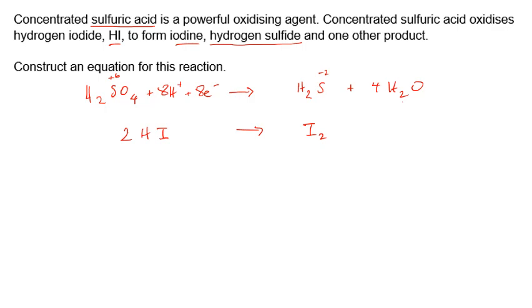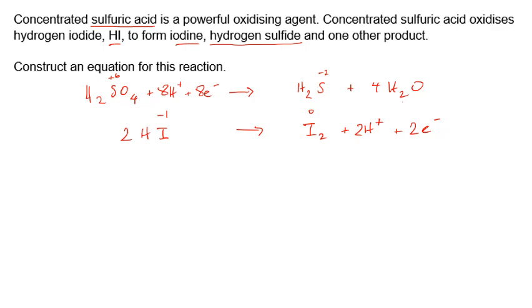There's no oxygen, so we don't need to add any water, but we do need to add a couple of hydrogen ions to this side to balance those, and then we need to make the right hand side neutral, so we need 2 electrons like so. Okay, so there's our 2 half equations, and for completeness we've got iodine being -1 here and 0 here, so that we can see the change in oxidation states there.